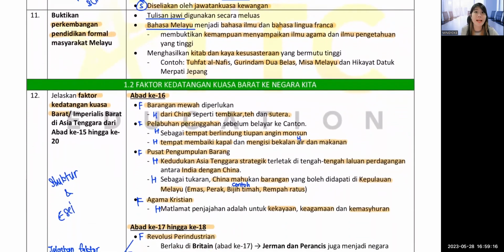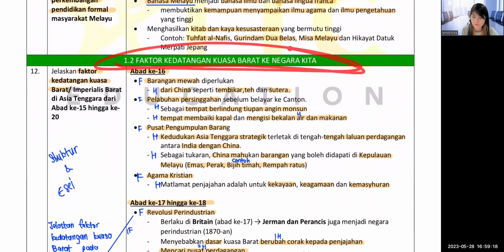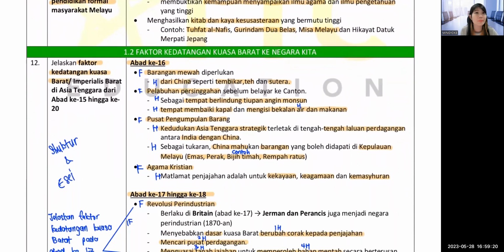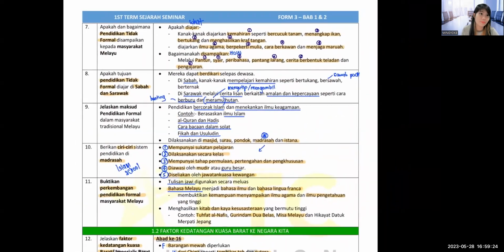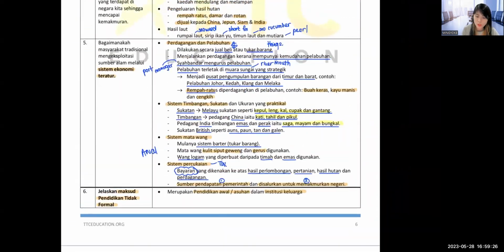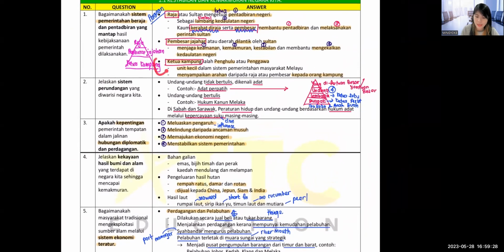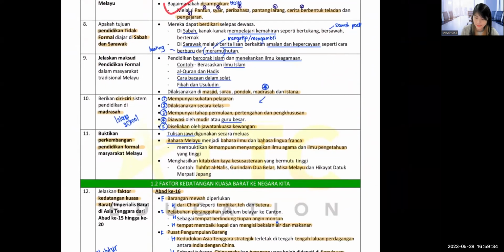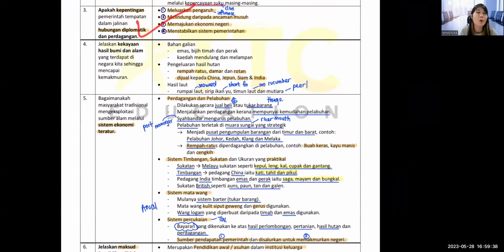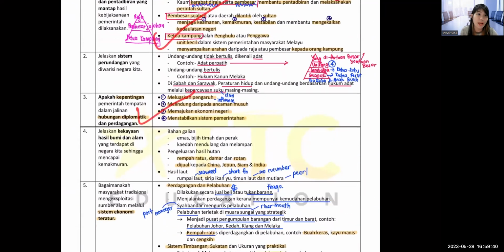Now, then after that, we need to go into our faktor kedatangan kuasa barat, all right? So for 1.1, we already know. Those mainly that you need to write out in your structure are those highlighted, few only. The rest is mostly objective, okay?